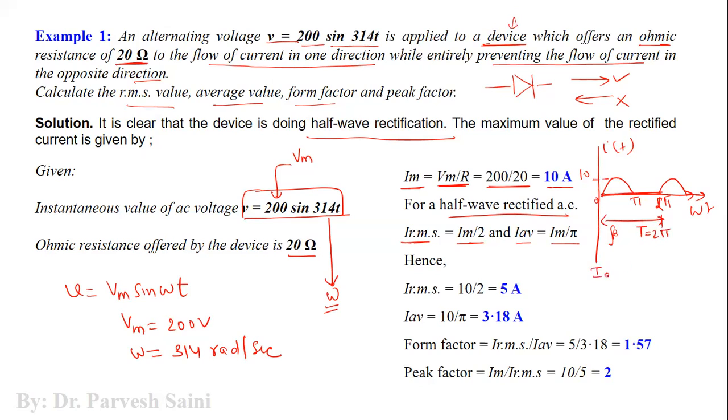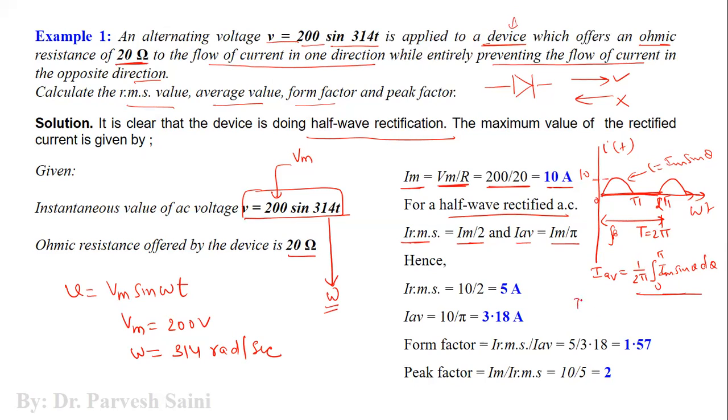The average value can be obtained by using this formula: 1 upon 2 pi, integrated from 0 to pi, where i = Im sin theta. So it is Im sin theta d theta, right? Because from pi to 2 pi you have 0, we don't have to mention that here.